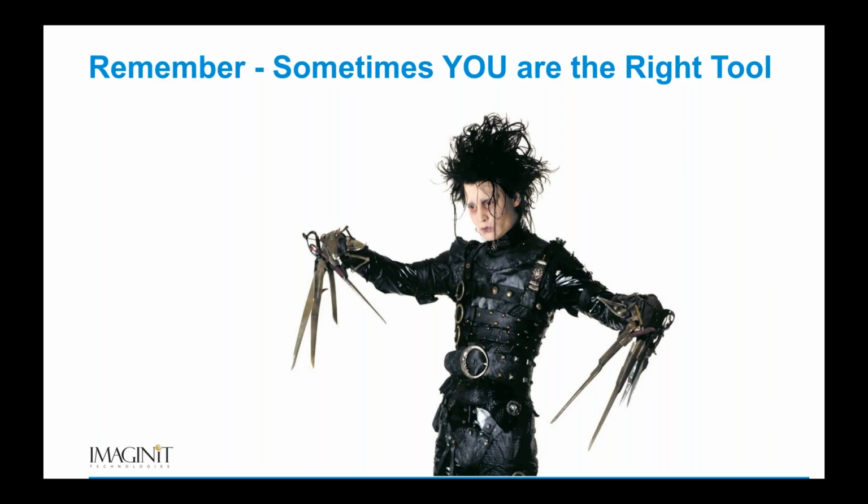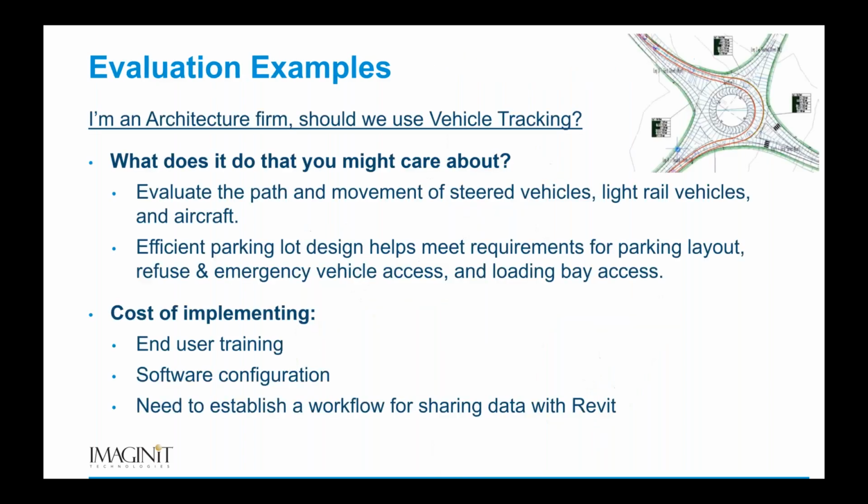So a couple of things as examples of ways to look through it all. We'll start off on the next slide with an example: let's say you're an architecture firm. And again, hopefully this is just reminding you of some different ways to analyze and look through things. Should an architecture firm consider using vehicle tracking? I've heard many times, even from coworkers of mine, that vehicle tracking is really more of a Civil 3D thing.